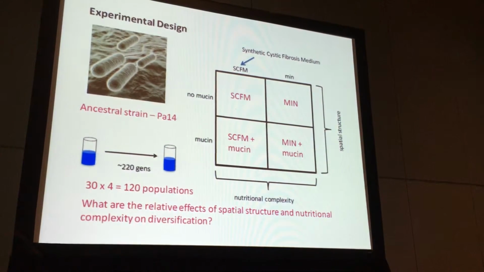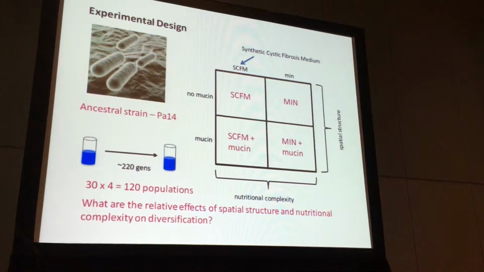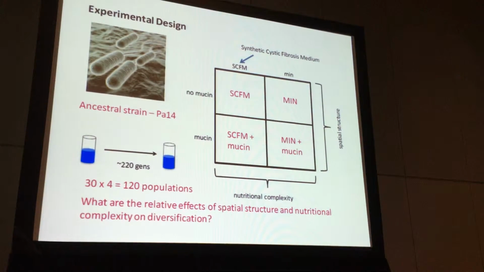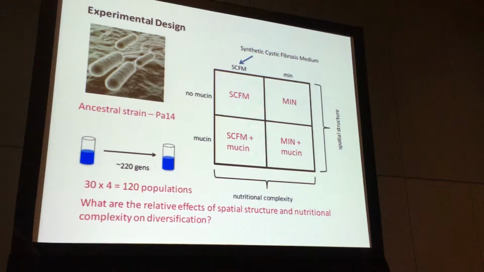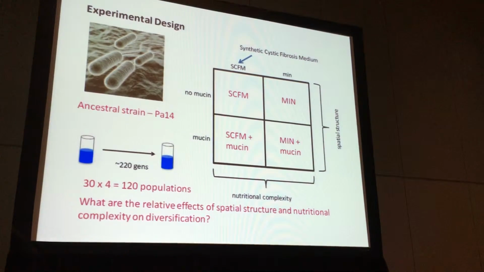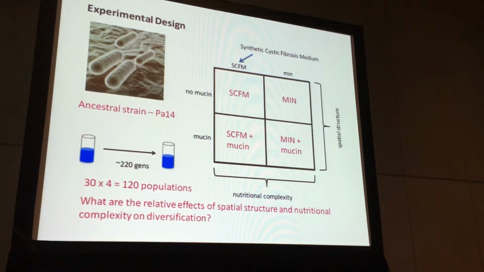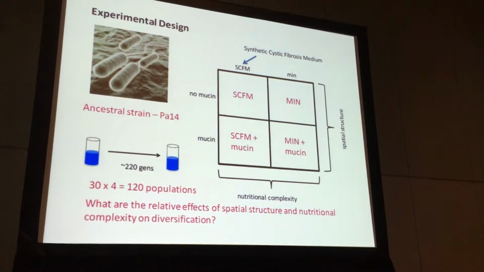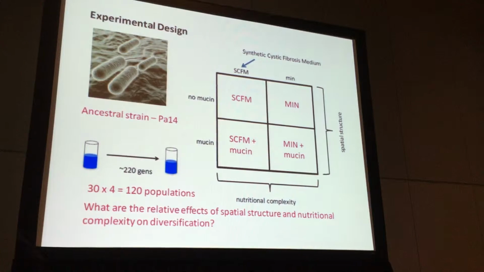To do this, I designed an experiment with these two variables and two treatments of each variable for a 2x2 factorial design. I manipulated nutritional complexity using a medium called SCFM, which is synthetic cystic fibrosis medium.